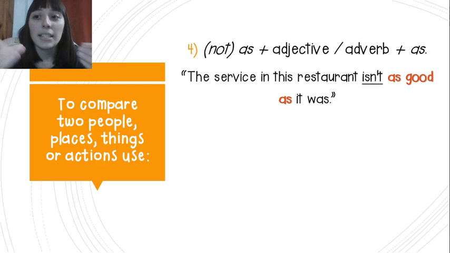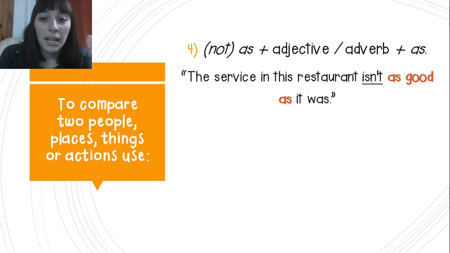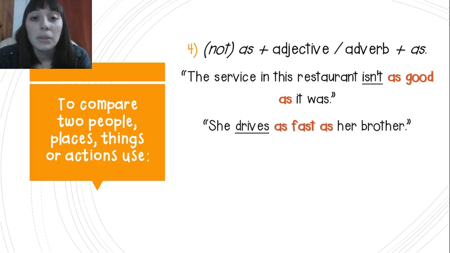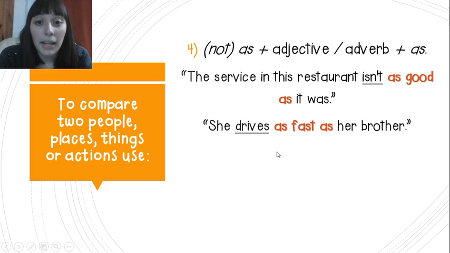We say isn't as good as it was. Here we are comparing the service of the restaurant. We have another example: she drives as fast as her brother. And here we are using an adverb, describing how she drives.